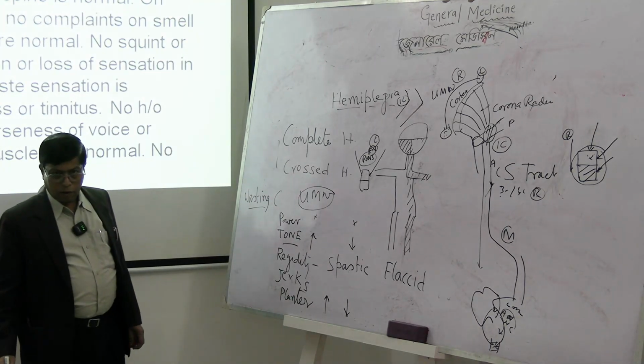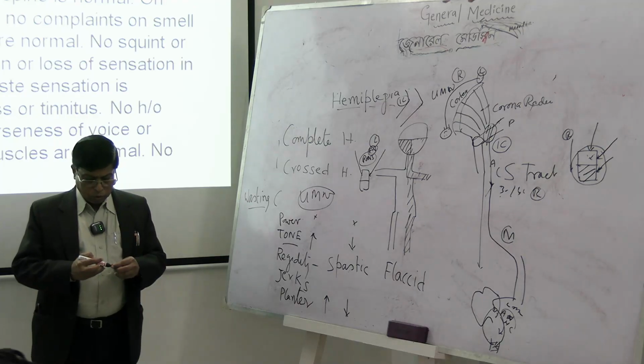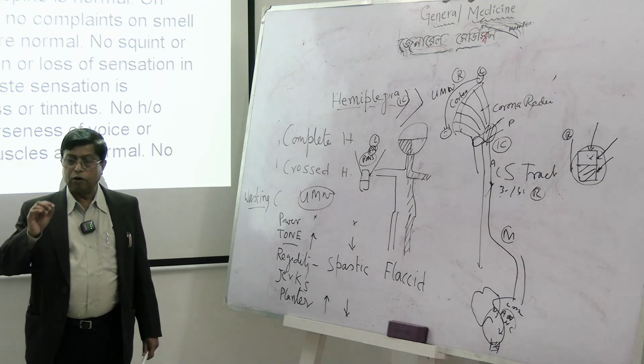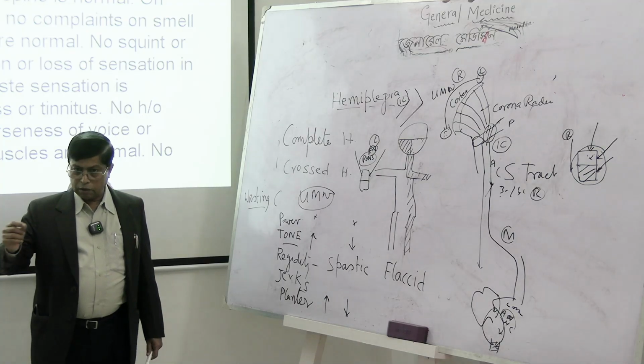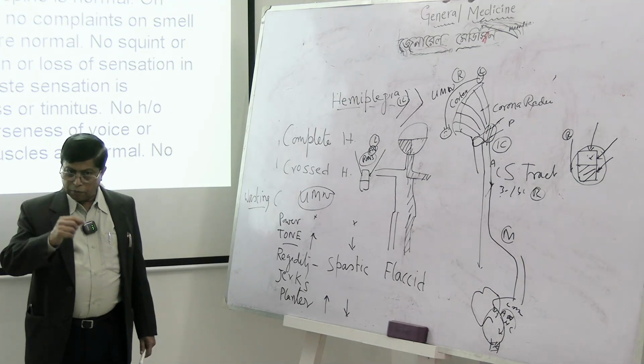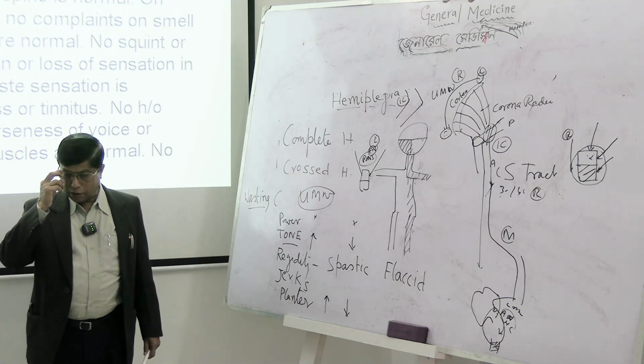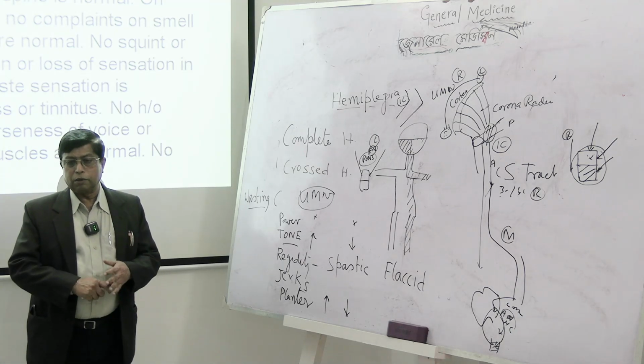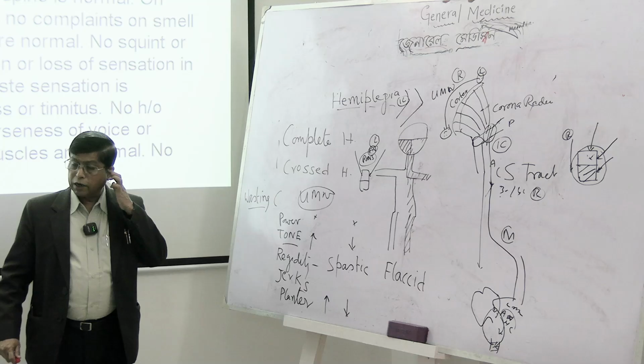Muscle wasting can occur in both, but muscle wasting is a feature of lower motor neuron lesions. The blood supply to the muscle goes from the anterior horn cell. If the anterior horn cell is gone, the blood supply of the muscle is impaired and there is atrophy of the muscles.